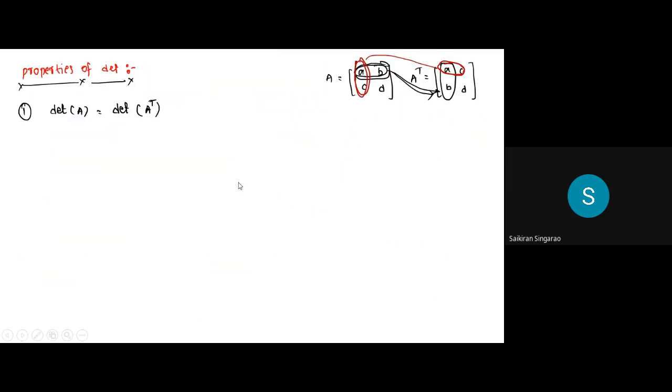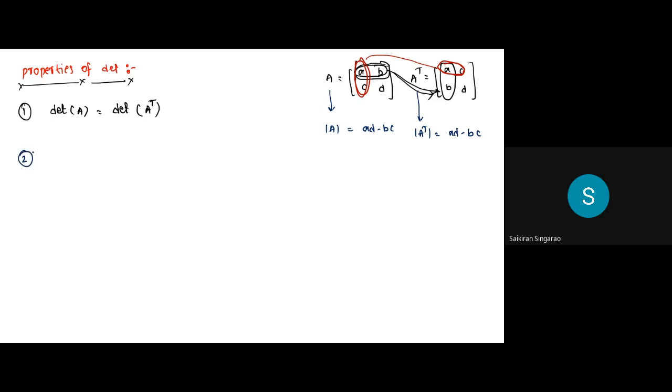So since the determinant is a physical parameter, you take the determinant of A or you take the determinant of A transpose, it should be the same. You want proof, simple proof: determinant of A from here is AD minus BC, determinant of A transpose from here is also AD minus BC, right? Very simple. Next.